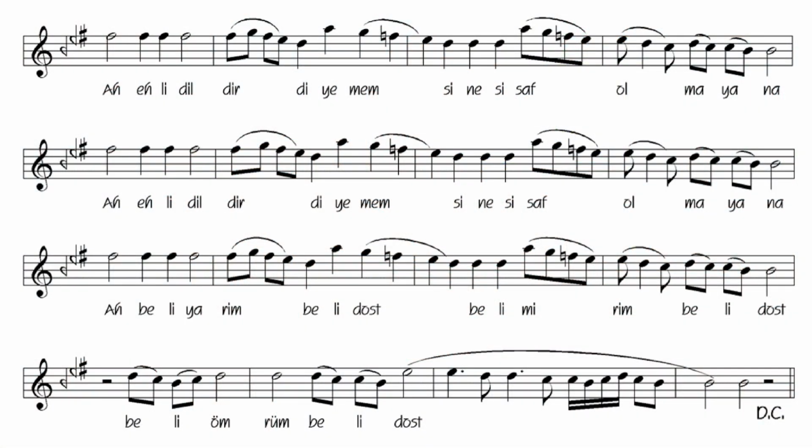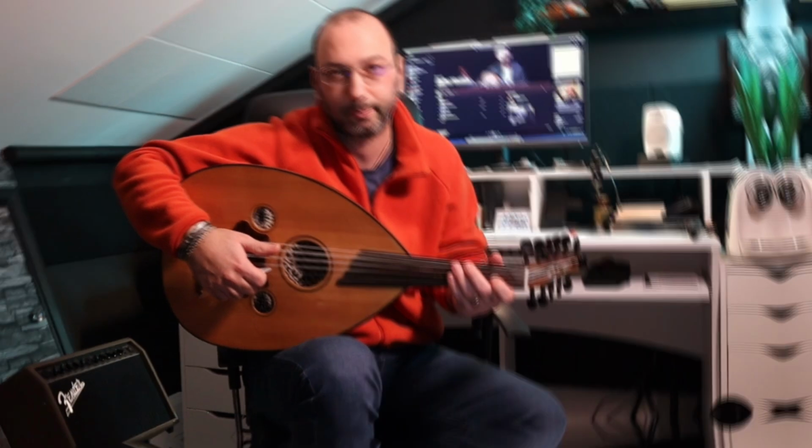It does this three times, the same structure and same melodies for different lyrics. Then, if you look at the last piece, re, do, si, do, re, turn to Neva, re, do, mi, re, do, si, again turn back to Segah.